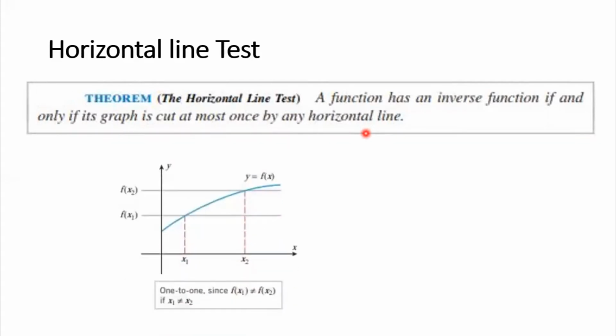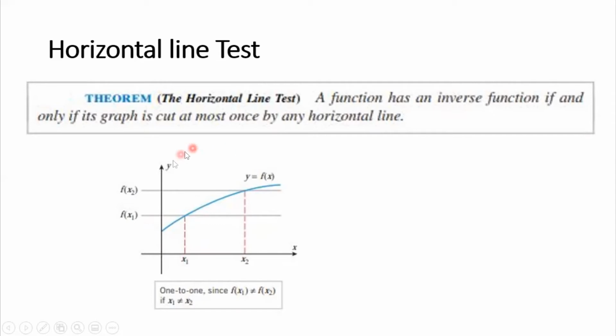For example, we are given a function. This is the graph of the function y is equal to f of x. Then we are given two different values of x, let's say x sub 1 and x sub 2. At x sub 1, we have f of x sub 1, and at x sub 2, we have f of x sub 2. Notice that f of x sub 1 is not equal to f of x sub 2, given that x sub 1 is not equal to x sub 2.